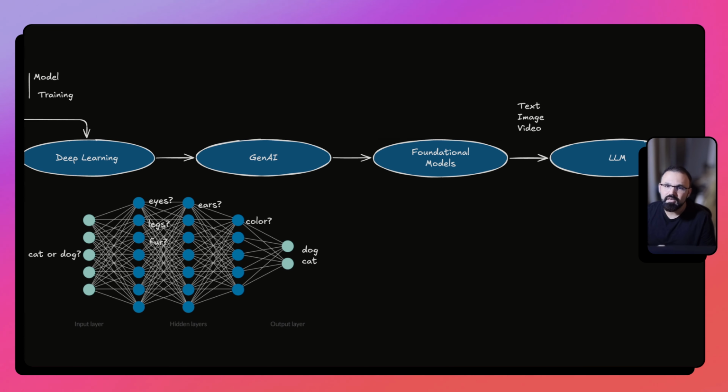So these models understand human language. These models were trained on tons of data. So they input text and they understand the language, and it will provide you a response either in text, or in some cases, we can create images or videos.